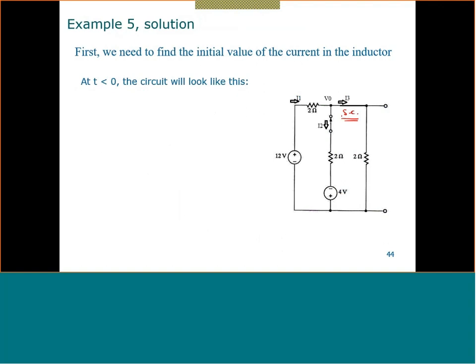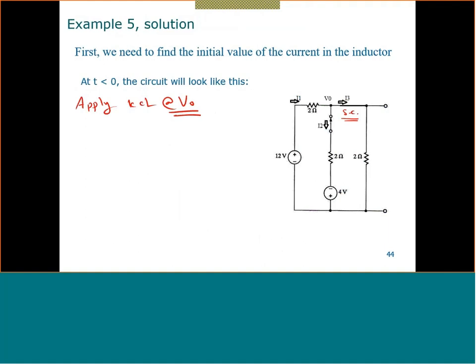Now, let's find I3, which will be our initial condition. We need a differential equation in terms of I3, and we also need the initial condition. What was the current value before we moved the switch? So we'll solve this circuit to find I3. We'll use nodal analysis, KCL at V0.